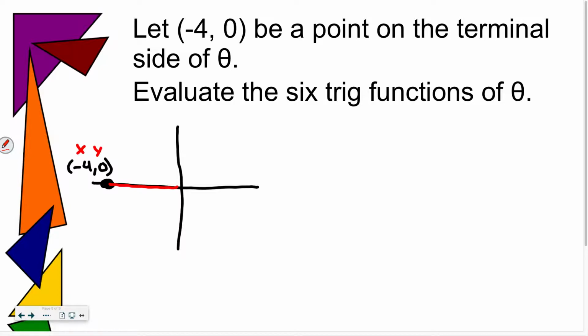There's no real triangle to draw. What's your radius? 4. You can see that visually, or you can do r equals the square root of 16 plus 0. You get the same answer.